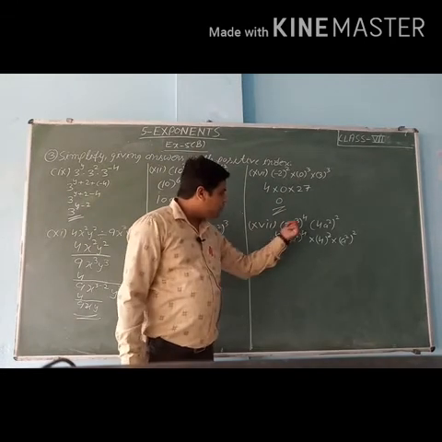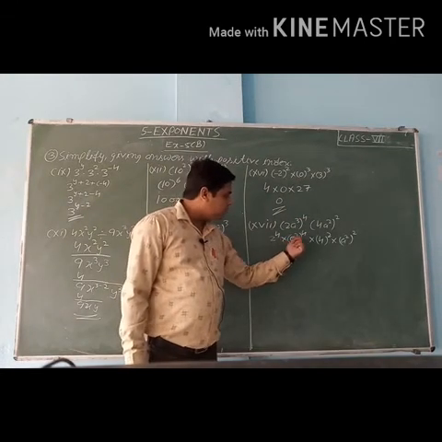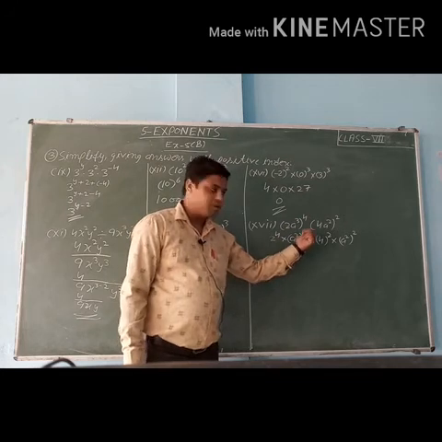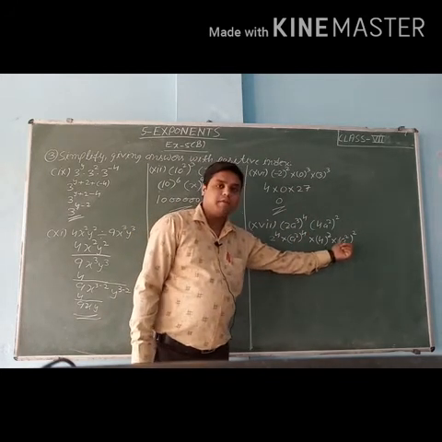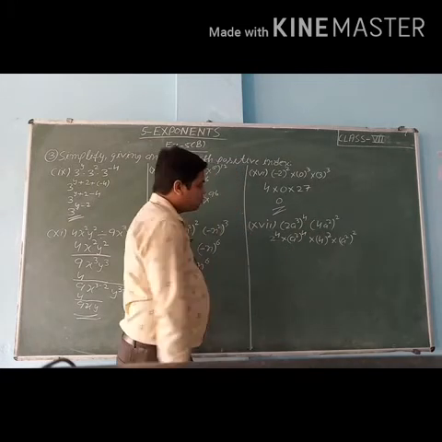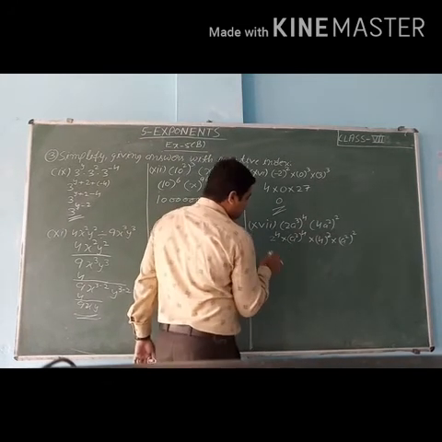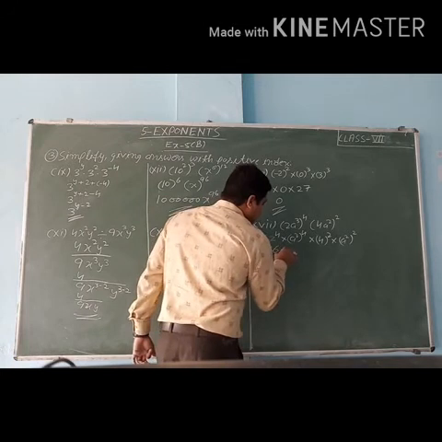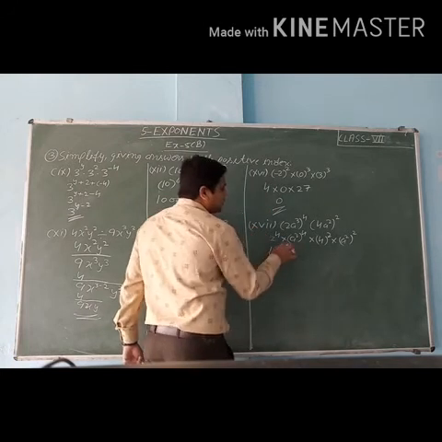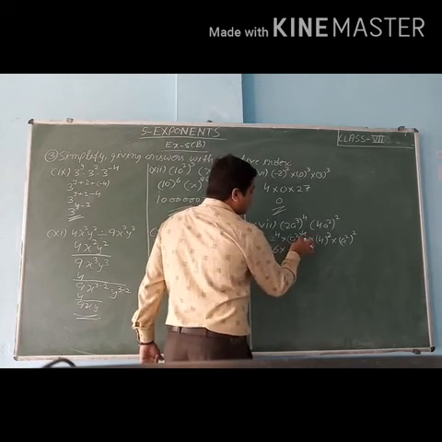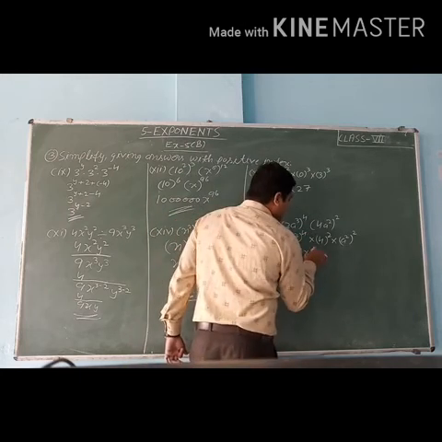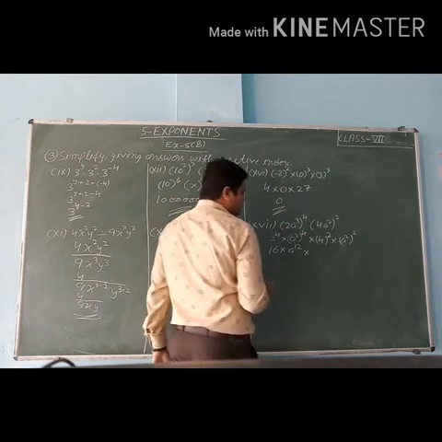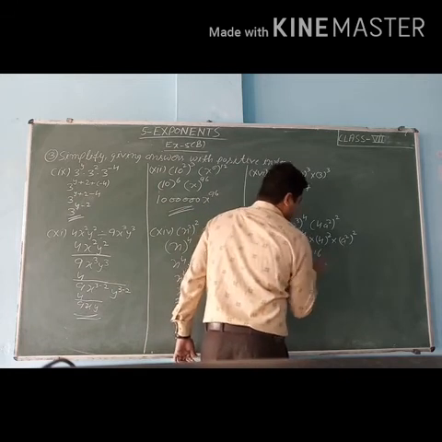2 raised to power 4, multiply a raised to power 3, then power 4, multiply 4 raised to power 2, multiply a raised to power 2, then power 2. So 2 raised to power 4 means 2, 4, 8, 16. Multiply a raised to power 3, then power 4, so a raised to power 12. Multiply 4 raised to the power 2, 4 into 4 means 16.